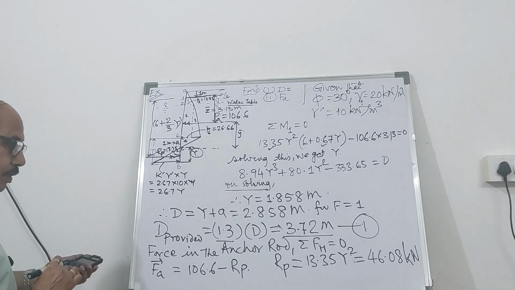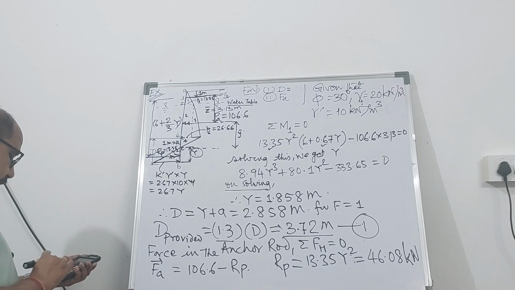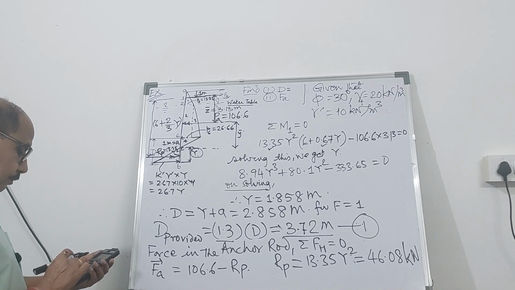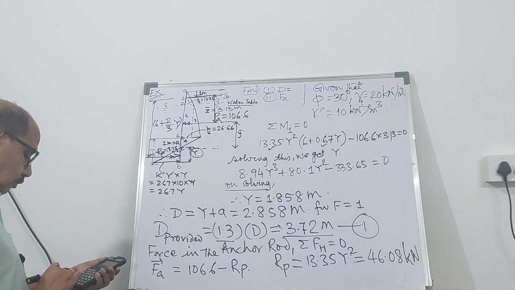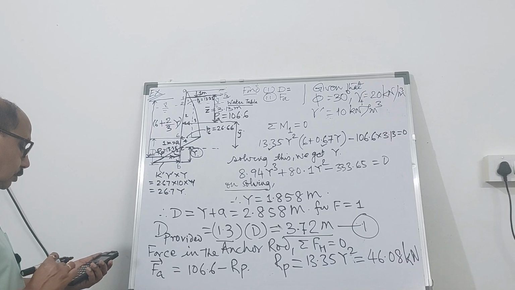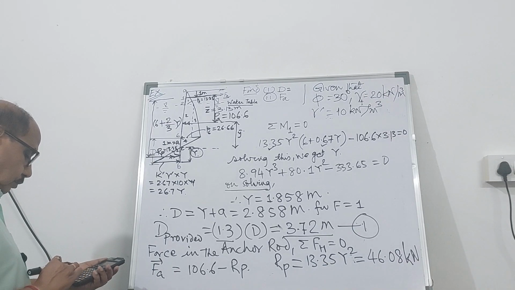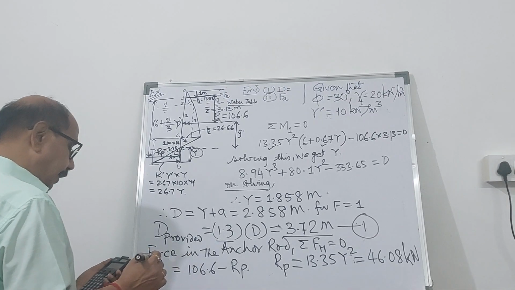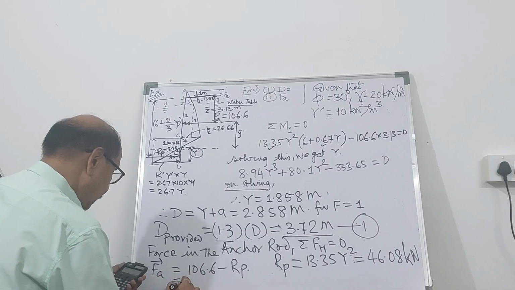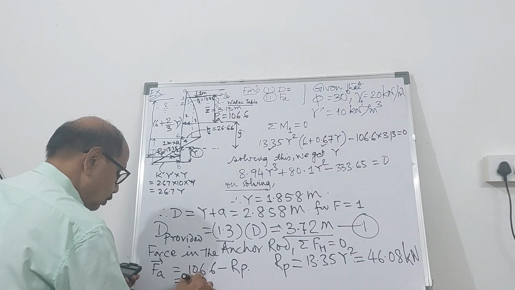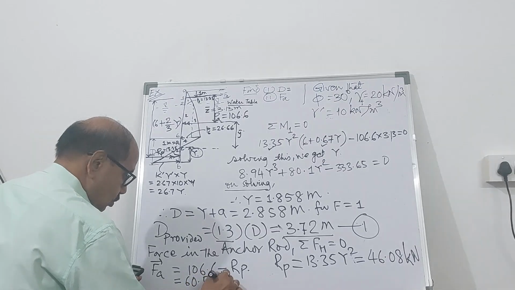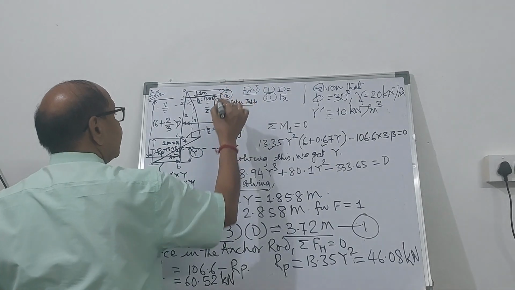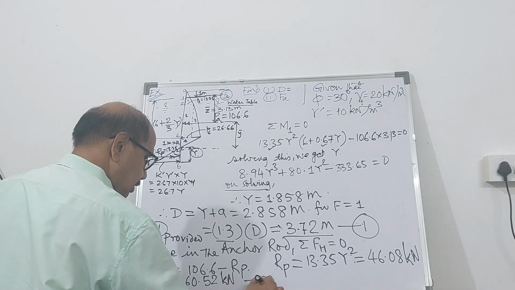So the value of Rp being known to you, 106.6 minus 46.08. The value comes out to be 60.52 kilonewton. So this value of Fa is known to you, the second part.